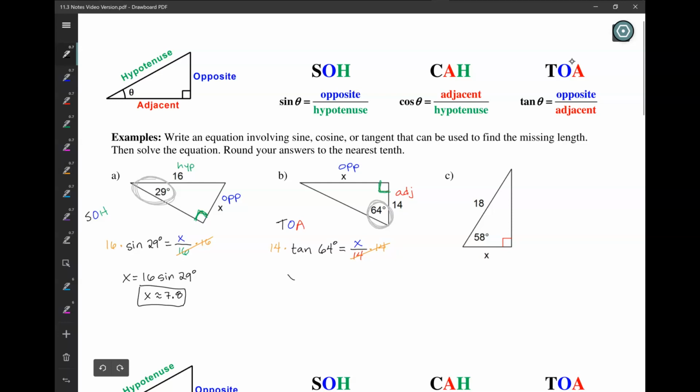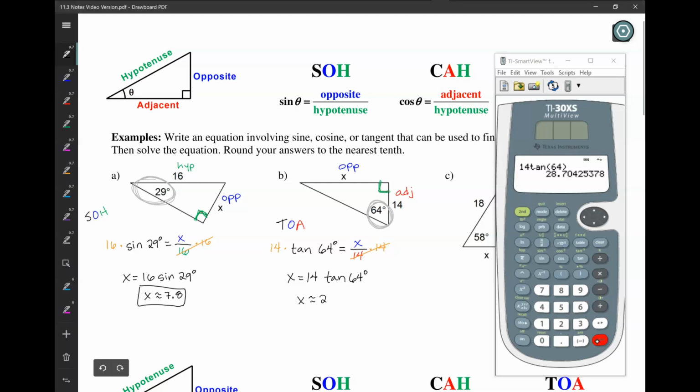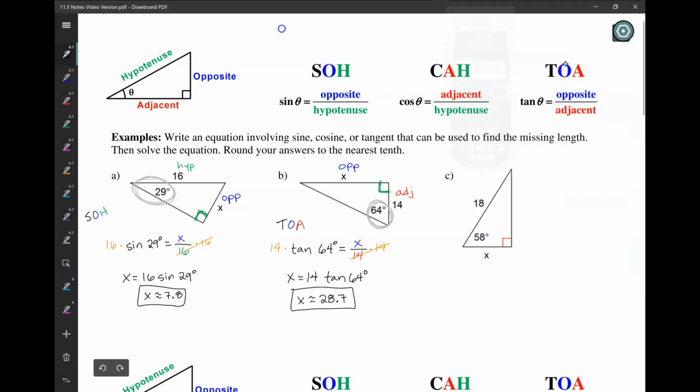So x is equal to 14 times the tangent of 64 degrees, which is about 28.7. That looks right. That side looks longer than the 14, so that seems like a reasonable answer.